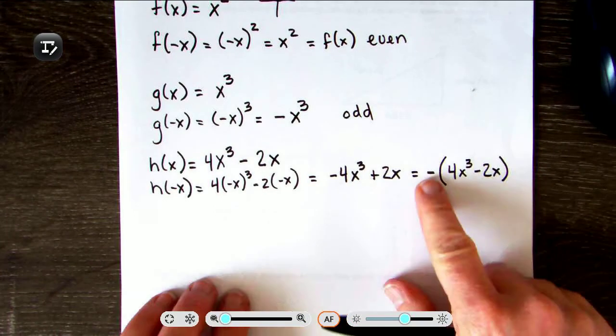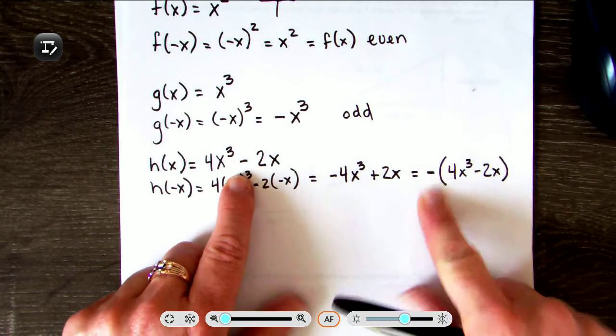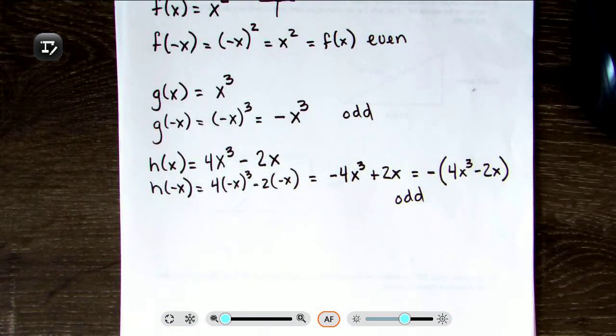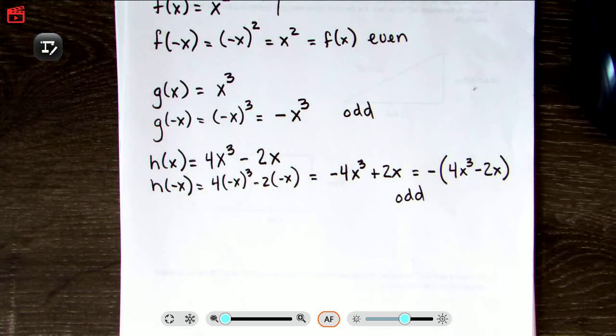And you'll see that it is the opposite of what we started with. This one is odd. And in fact, if you have all odd exponents like we do here, it will be an odd function. If you have all even exponents added together or subtracted, it will be an even function.